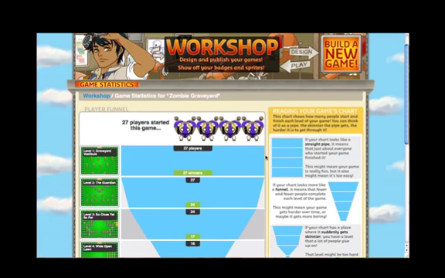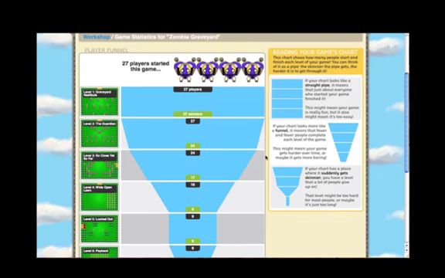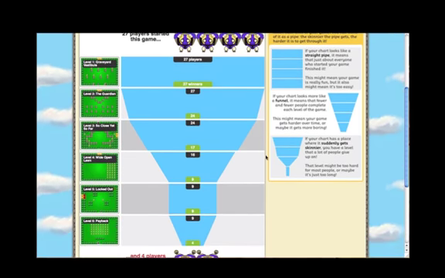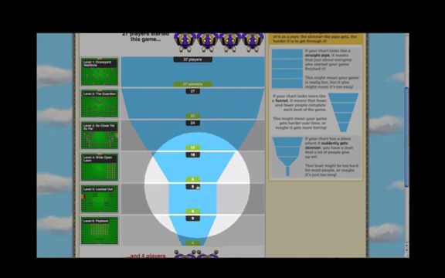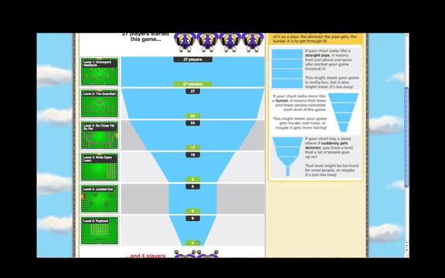So here my student Charles made a game with 6 levels, and you'll see that 27 players started level 1 and there were 27 winners, meaning level 1 is either very fun or pretty easy. As the chart progresses, you'll see that levels have less and less winners, and finally only 4 people beat the entire game.